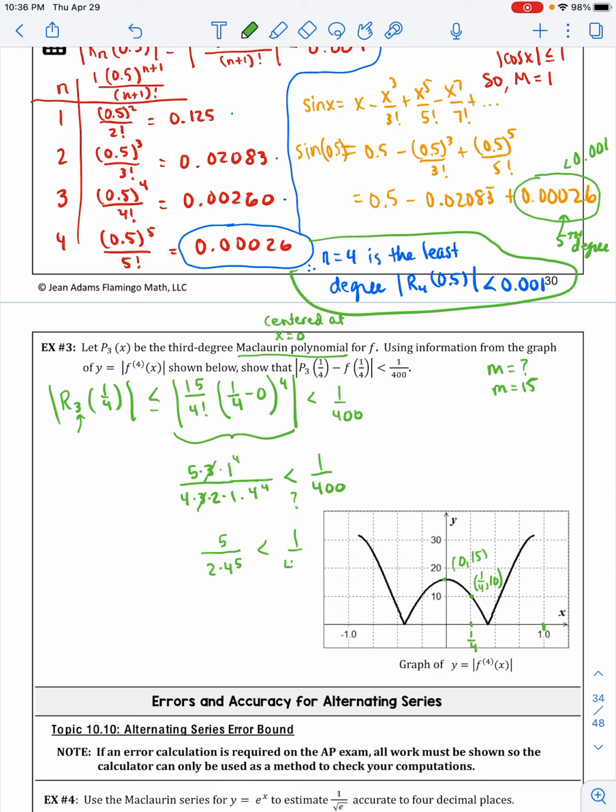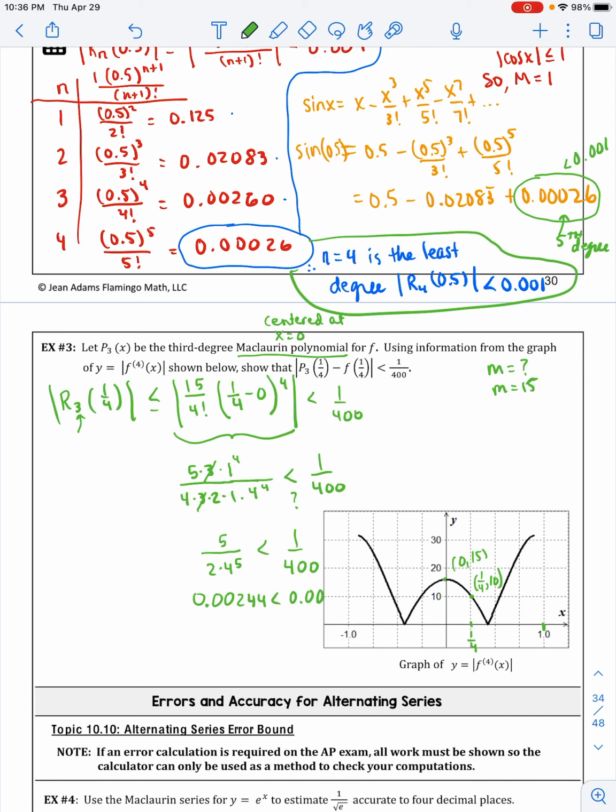And so the 3's cancel. This gives me 5 over 2 times 4 to the 5th. And again, we're trying to figure out, is it less than 1/400? So now we're going to use the calculator.